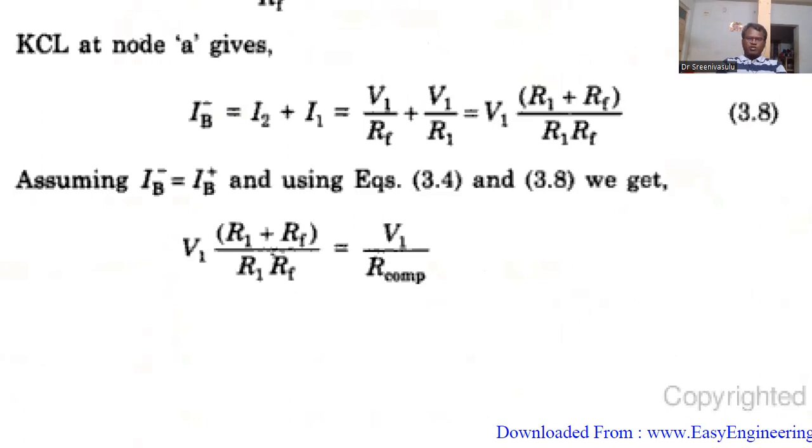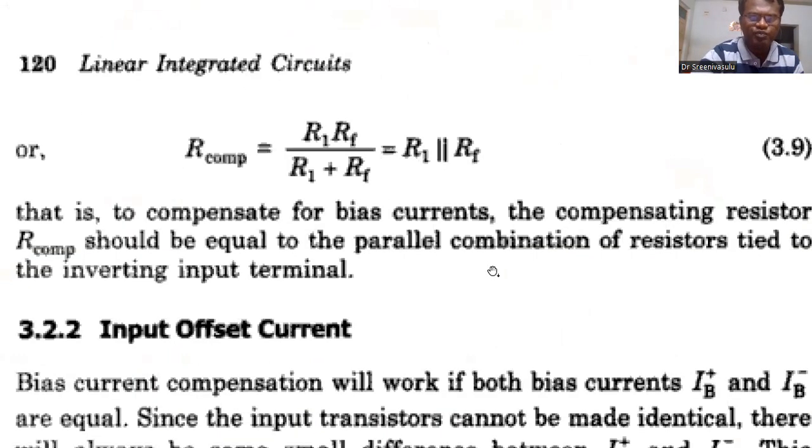Now assuming the current drawn by the two transistors is almost the same, IB plus is equal to IB minus. IB plus is equal to V1 by R compensation. So V1 gets cancelled, and R compensation is equal to R1 RF by (R1 plus RF), which is nothing but the parallel combination. So we select the compensation resistor between the non-inverting terminal and ground as the parallel combination of the feedback resistor and R1.